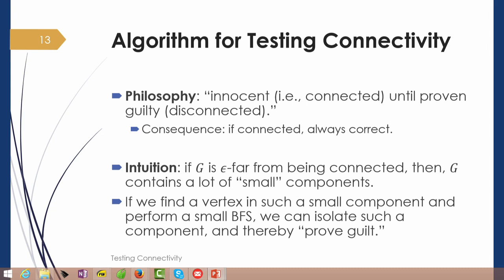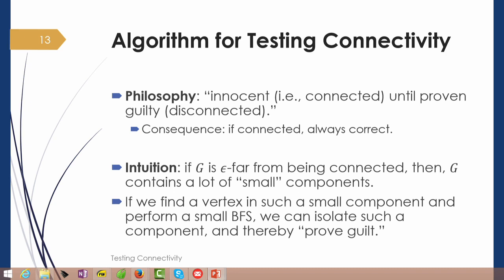And because the graph is fragmented, we want to be able to say that not only are there lots of components, there are lots of small components. And so a random sample from the set of vertices could very well, with good probability, land us on such a small component.